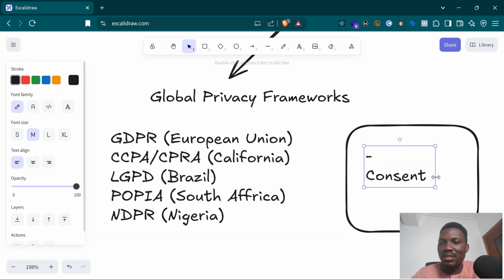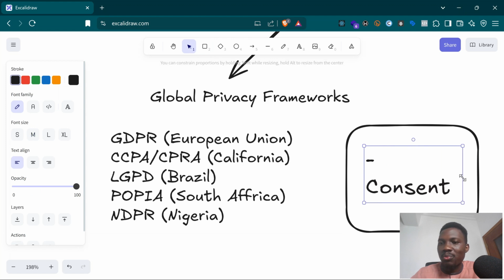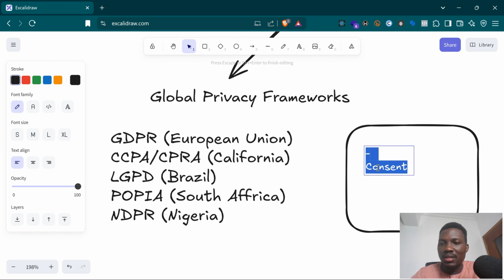One other thing that we can also look at is purpose limitation as another similarity. Oftentimes, when you get people's data, what do you intend to do with those data? So purpose limitation is one of them.